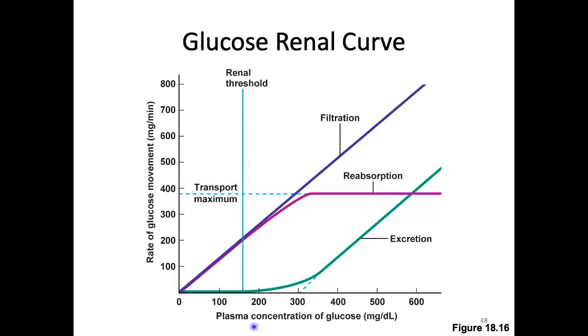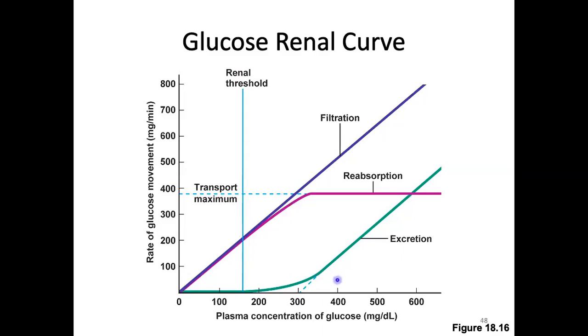This shows plasma concentration of glucose and rate of glucose movement in milligrams per minute. Notice that the filtration line slope doesn't change, right? So at 100 units of glucose, you're going to get about 100 milligrams per minute. 200 units of glucose, 300 units of glucose, 400.